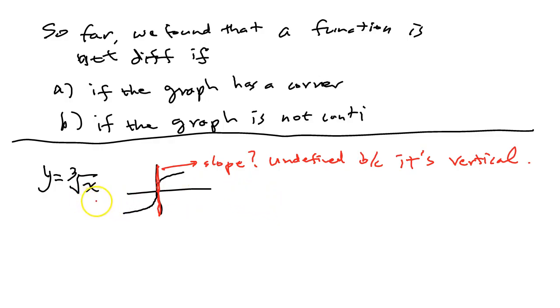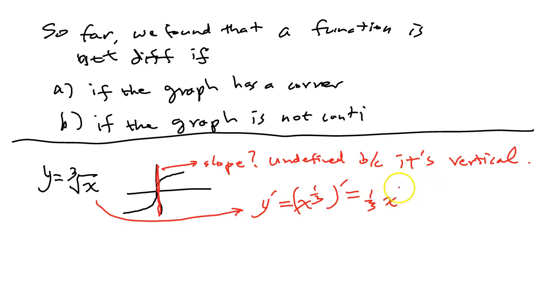Right now, we haven't learned the power rule yet, but later on, if you know the power rule, then you can rewrite this as x to the 1/3 power, and if you differentiate, 1/3 comes down, and you subtract 1 from the 1/3, so it's negative 2/3. And because negative exponents mean 1 over, it's 1/3 times 1 over x to the 2/3. Okay. So I did something that we're going to learn later, so if you didn't understand this calculation, it's okay.